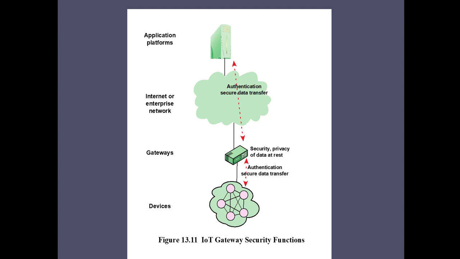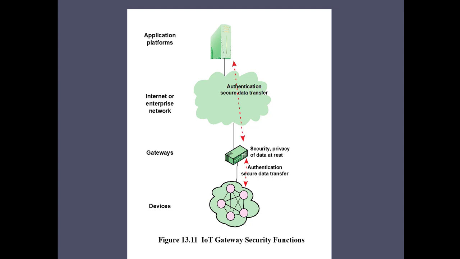Another requirement for the gateway is to support the security of data that are stored in the device and the gateway, or transferred between the gateway and the device. Also, the gateway must support mechanisms to provide privacy for devices and the gateway. And it has to support self-diagnosis and self-repair as well as remote maintenance. Why?